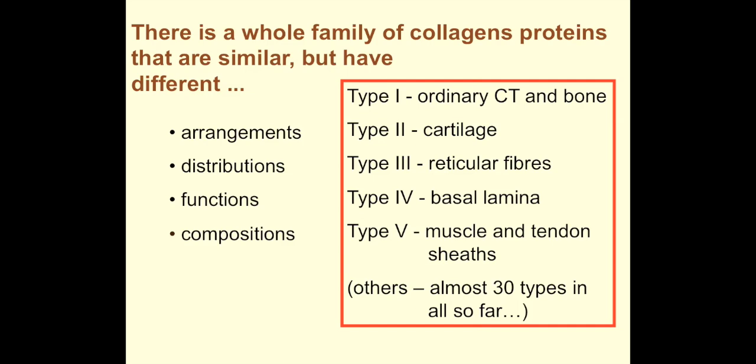Type 3 collagen, these are reticular fibers. Remember, we have those three types of fibers: collagen, reticular, and elastic fibers. Well, type 3 collagen is a specific type of fiber, which is the reticular fiber. Type 4 we find in the basal lamina, which we talked about as part of epithelial tissue. Type 5 we find in muscle and tendon sheaths, and almost 30, as I say, different types of collagen have been described so far.